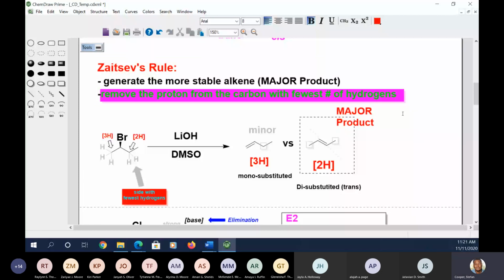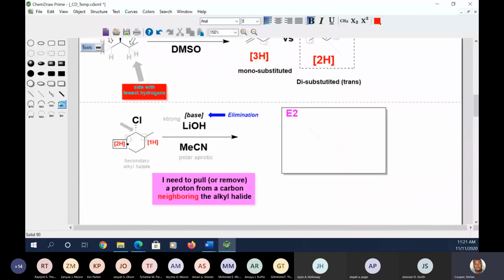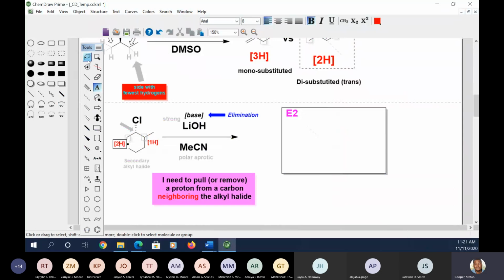So which side do I form a double bond with to form my product here? Is it the right-hand side or the left-hand side? Right. That's right. So my answer is going to be, I'm going to lose my leaving group, remove a proton, and have a double bond there. Okay. Any questions so far?